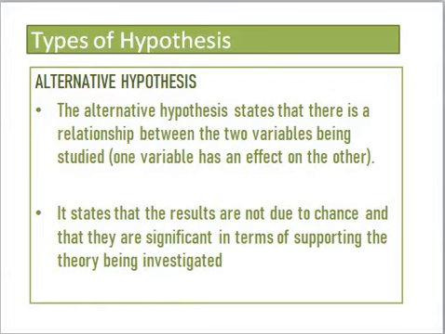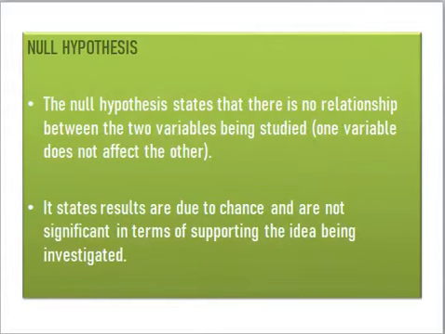The first type of hypothesis is null hypothesis and alternative hypothesis. First we can study what is null hypothesis. Null hypothesis is a type of hypothesis that states there is no relationship between two variables. That is, when we are studying two variables, the null hypothesis states that there is no relationship between them.